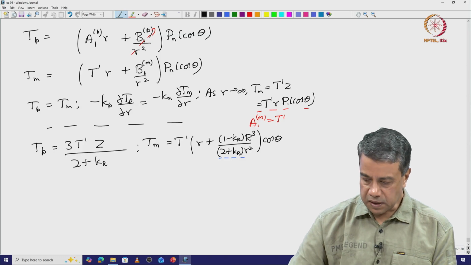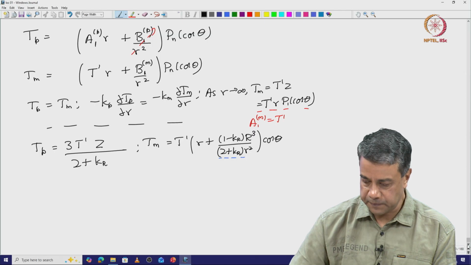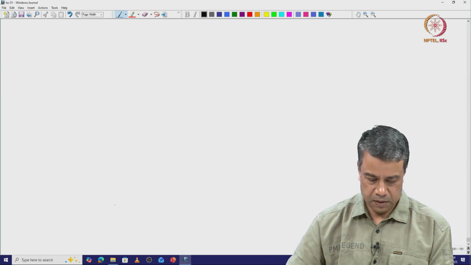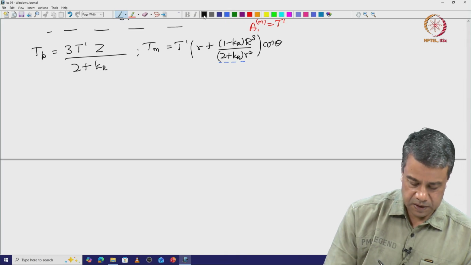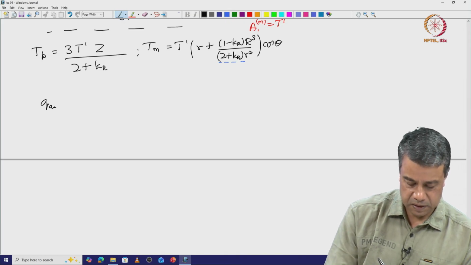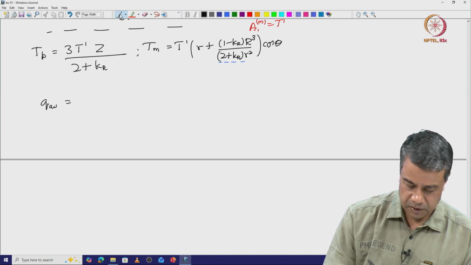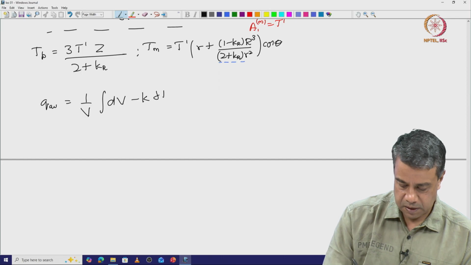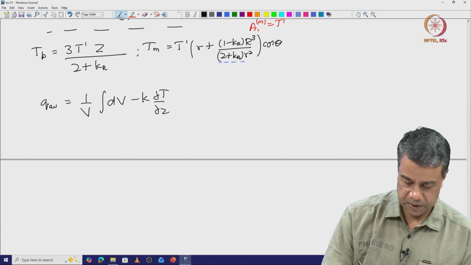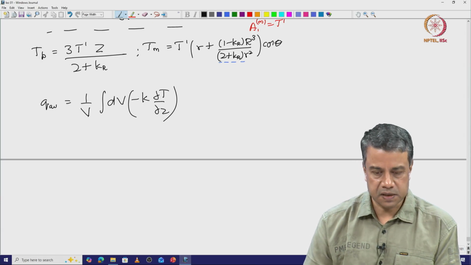Now, from this calculation for a single particle we were trying to find out the average flux. The average flux in the z direction, q average, is equal to, if we take a volume average, 1 over v integral dv of minus k partial t by partial z. This consists of two parts, the particles plus the matrix.